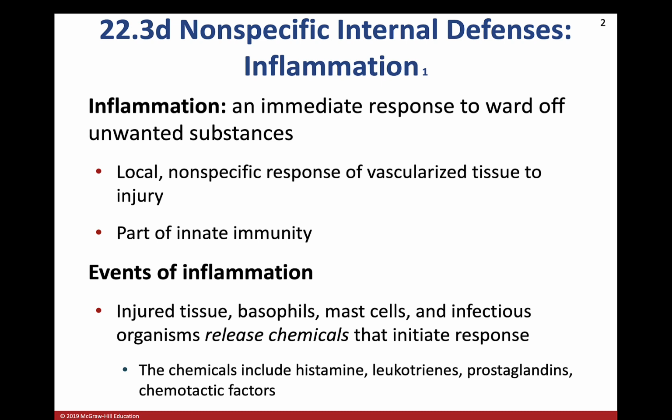We're going to have various types of cells involved in response to this, such as basophils, mast cells, and infectious organisms, and they are going to be releasing chemicals that are responsible for the initiation of this response. Chemicals that play this role include histamine, leukotrienes, prostaglandins, and chemotactic factors. We will describe some of these terms as we move on in this screencast.